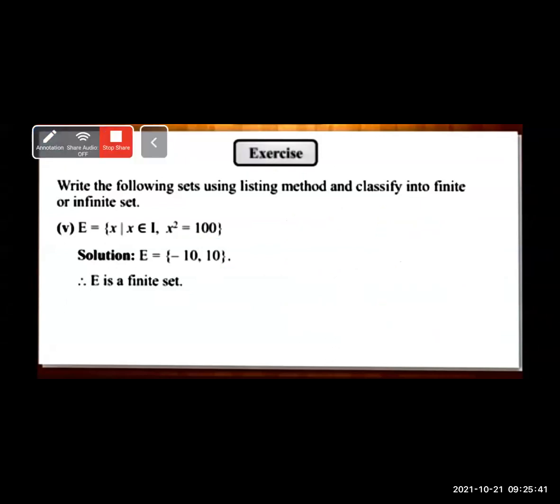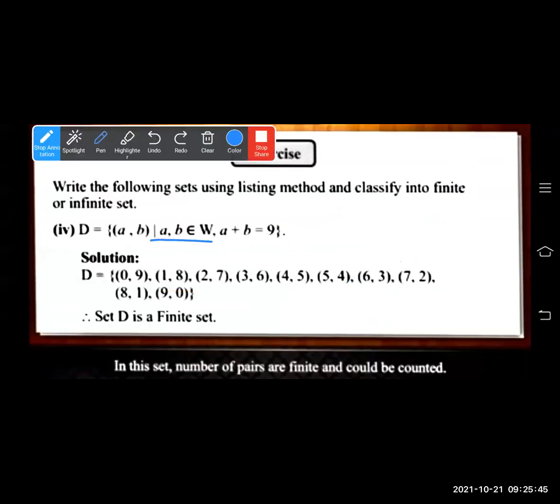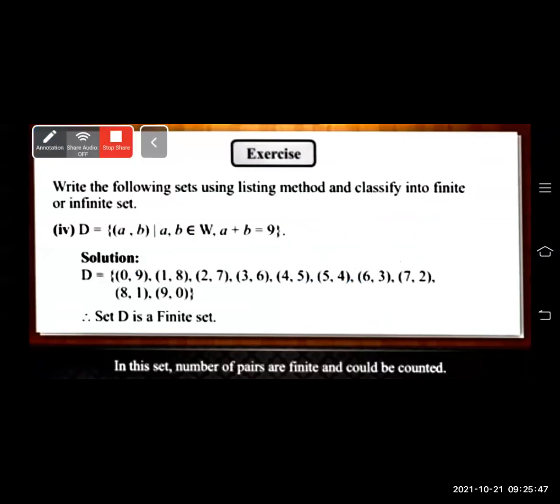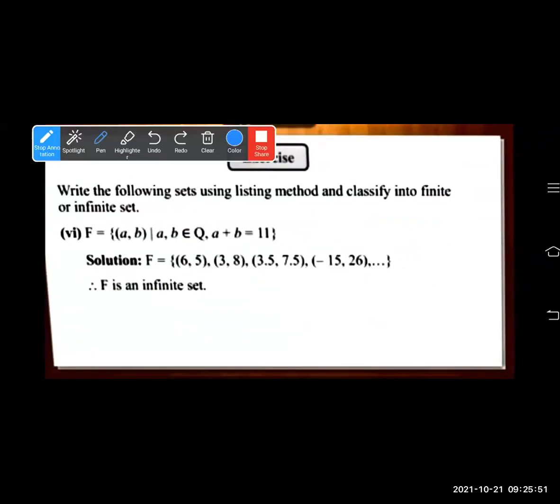Let's see the sixth question. As I told you, earlier A, B belonged to whole numbers; here A, B belongs to rational numbers. Then what do we have to do here? F is equal to the set of all ordered pairs A, B such that A, B belongs to rational numbers and A plus B is equal to 11.